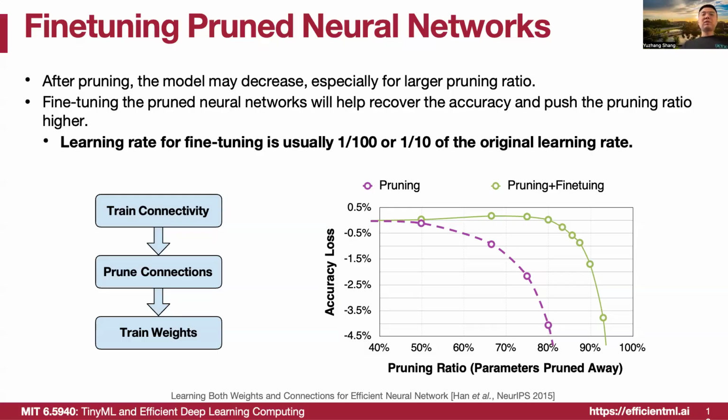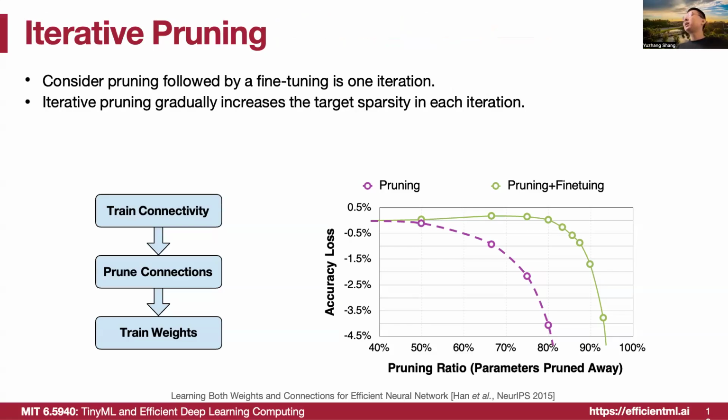And the most commonly used strategy is iterative pruning algorithms. The idea is easy to understand, right? Basically, we consider the pruning followed by fine-tuning as one iteration, and we repeat this iteration several times.